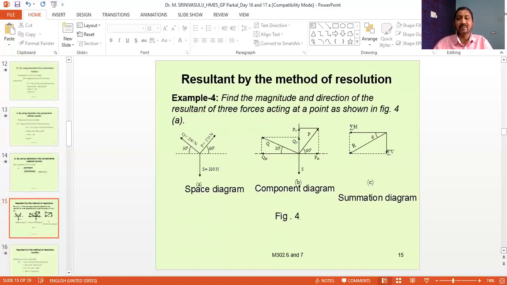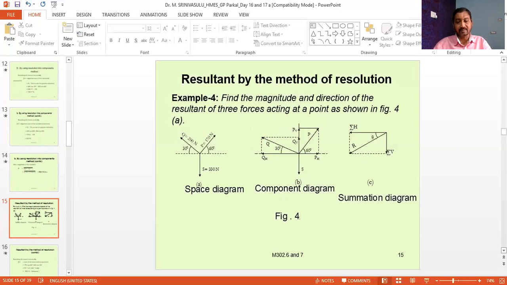Now this is a problem for today. Take down this problem. This is also a problem on the resolution of forces. In this case, we have to find the magnitude and direction by the method of resolution of forces.